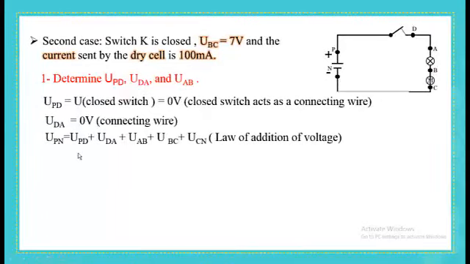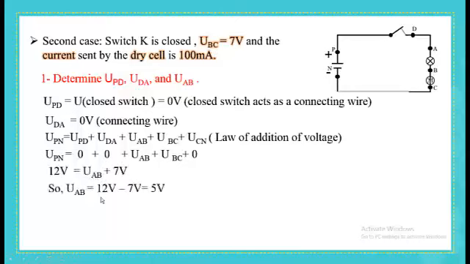We know that PD is 0, DA is 0, CN is 0, connecting wires and a closed switch. Concerning AB, this is the unknown voltage. We know that the main voltage is 12 and UBC in the given is equal to 7 volts. So let's substitute. Finally, we can get UAB, which is the voltage across the lamp and which is equal to 5 volts.